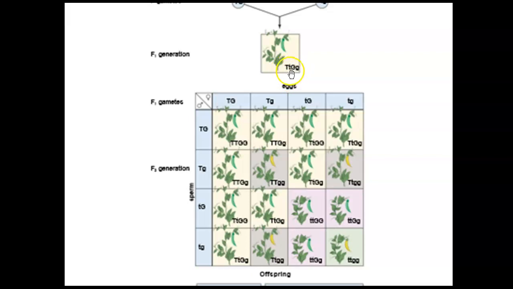But they carry the alleles for the recessive traits, so they're carriers. So the genotype of the F1s is big T, little t, big G, little g. So we're crossing two of these individuals, the F1s, for our dihybrid cross.